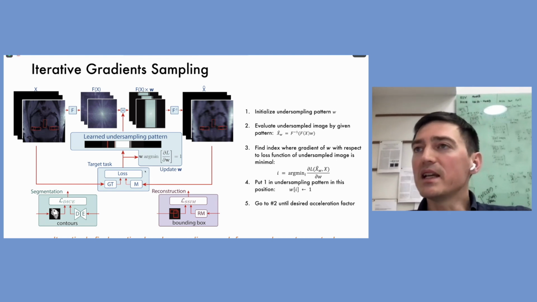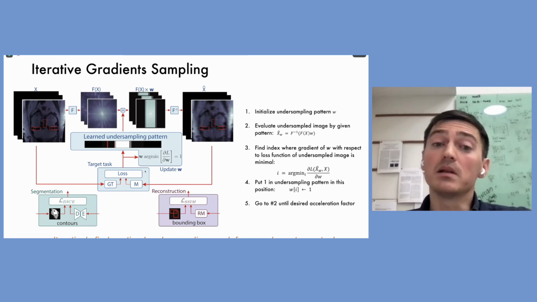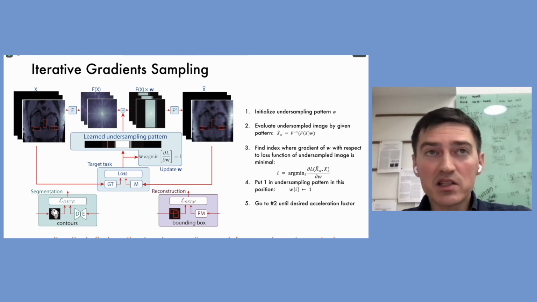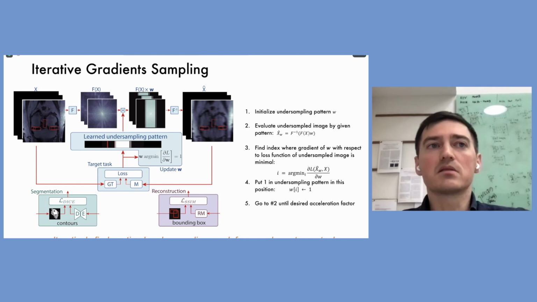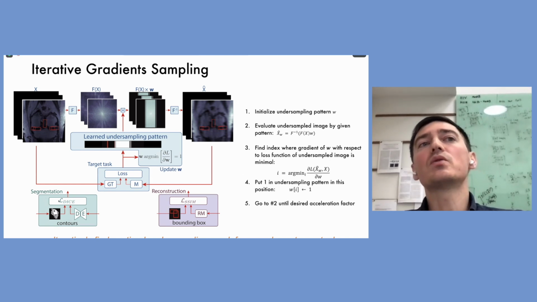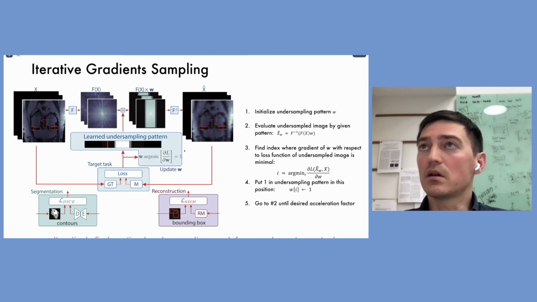And the loss could be really any function that you want to optimize in your problem. Typically, everyone is interested in structural similarity here. Okay, if you want to do dice, take your dice.